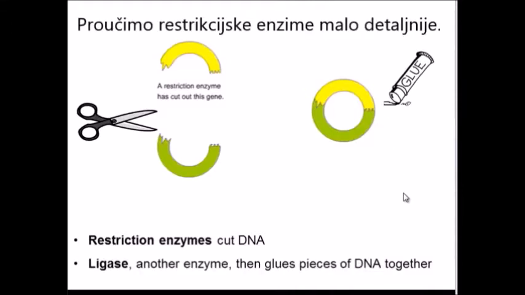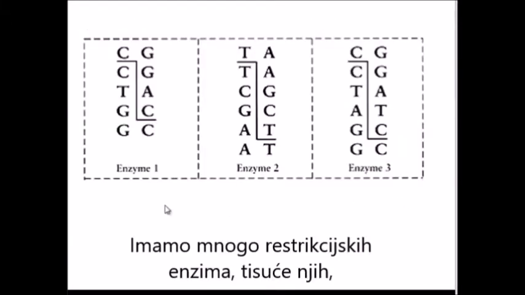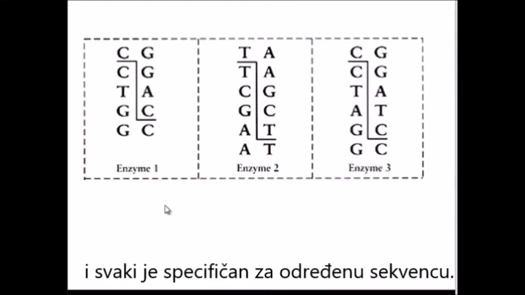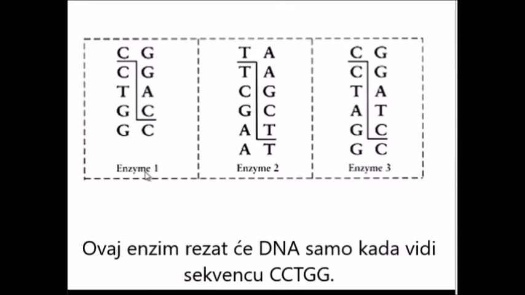Now let's explore restriction enzymes in a little bit more detail. There are many, many different restriction enzymes, thousands, and each enzyme is specific for a particular DNA sequence. So this restriction enzyme will only cut DNA when it sees the sequence CCTGG.